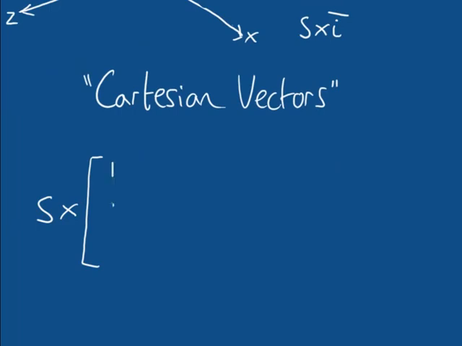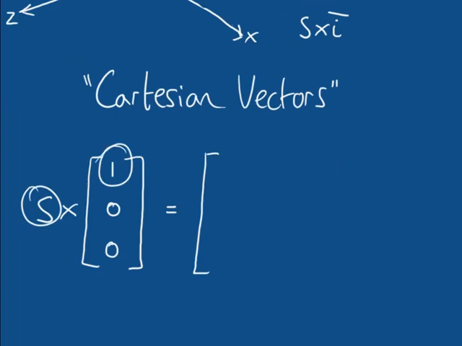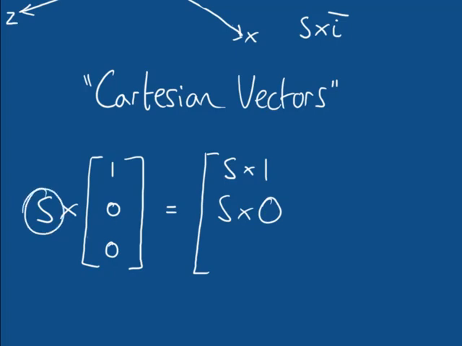So we have 1 in x, 0 in y, and 0 in z, which what we're going to get is a vector where we take s and multiply that by the x component to get our x component, so s times 1, s multiplied by the y component to get our y component, which is s times 0, and s multiplied by the z component to get our z component, which again is s times 0.